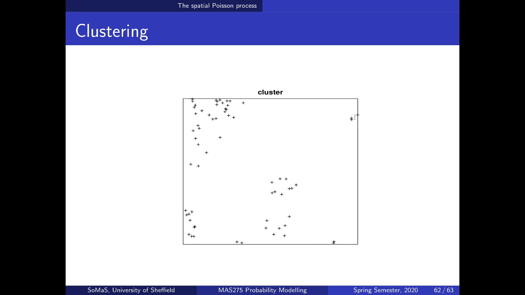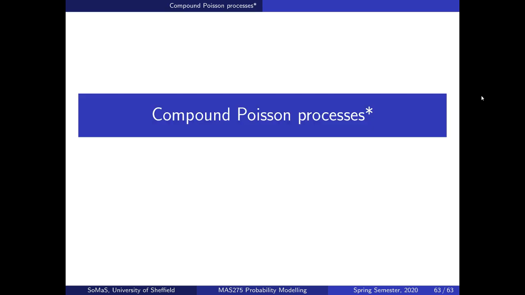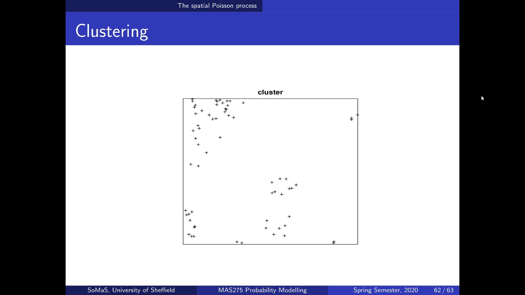So maybe the rate is high around these points, and then the rate is very low everywhere else. Okay, and so this ends what I want to say about spatial Poisson process. So lengths are replaced by areas or volumes. That's really all you need to know. Apart from that, it works similarly, and remember, interarrival times don't quite exist.